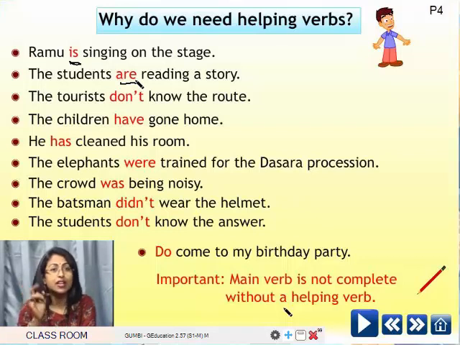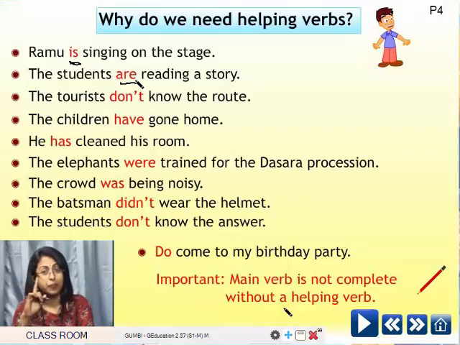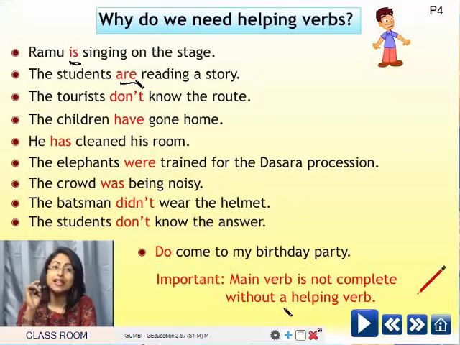So I will be saying the students are reading a story. What is reading? It is a verb. Correct. It's an action. Is it clear, students? So is is a singular form and are will be your plural form. Clear? Alright.